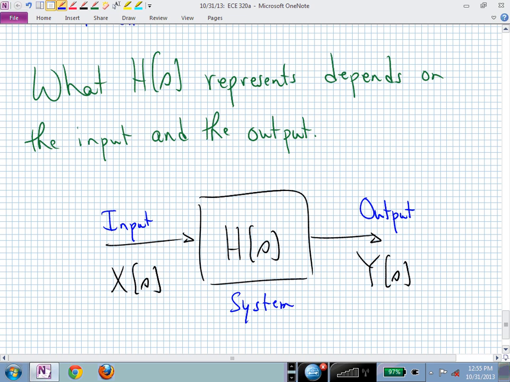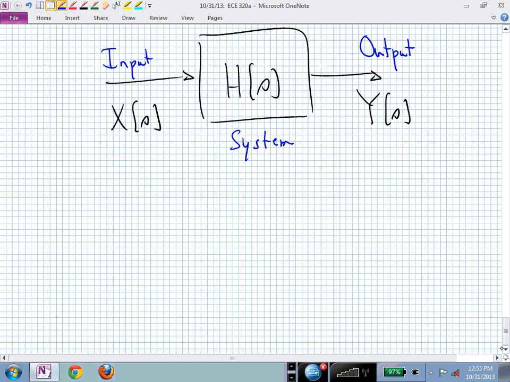Now in that circuit, you could have all sorts of different outputs. Maybe you were interested at one point in the output of that third inductor's current. Maybe somebody else is interested in the voltage across that second capacitor in your circuit. Well, there's two different transfer functions in the same circuit. That's okay.